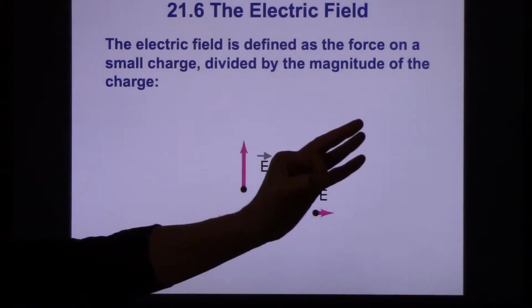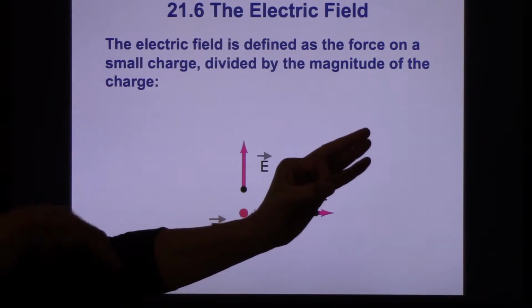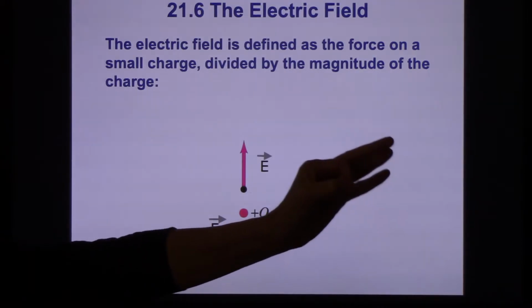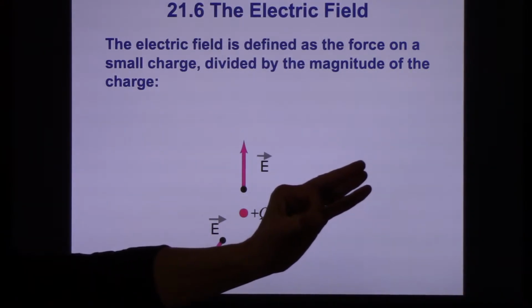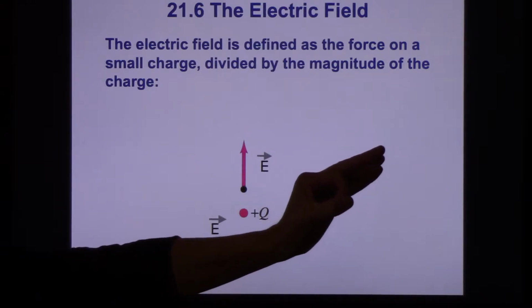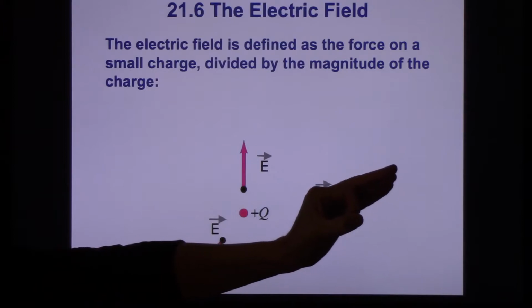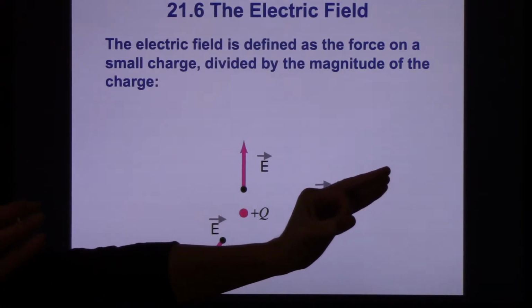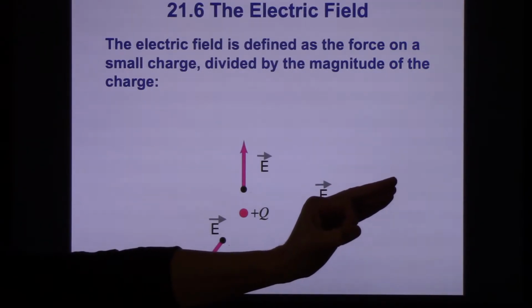So if I have a charge here, it generates an electric field. When I move the charge, the field changes, but not instantaneously. If I move the charge to a new location, the regions away from the charge, it takes time until a region out here knows that the charge has moved.